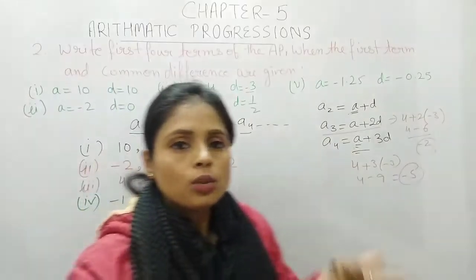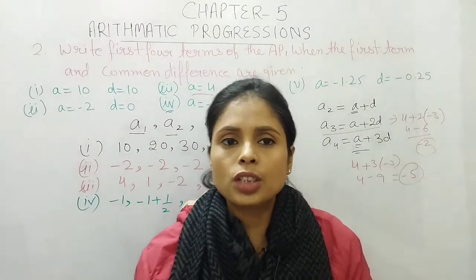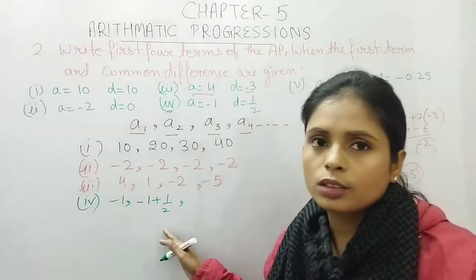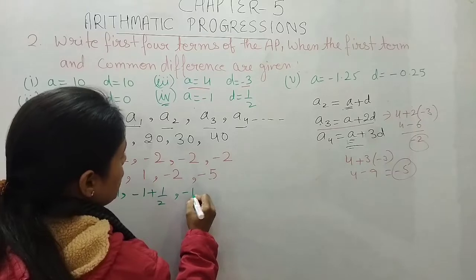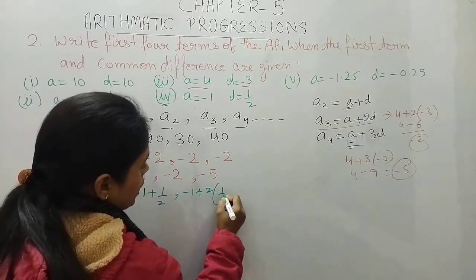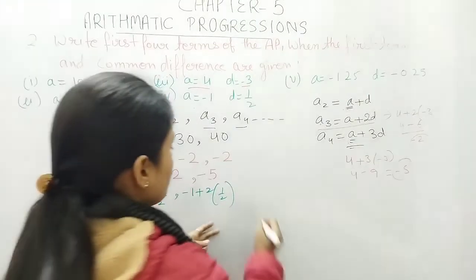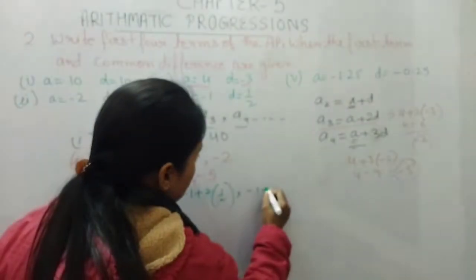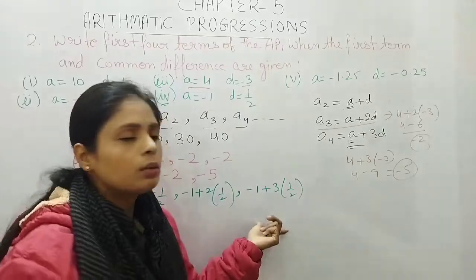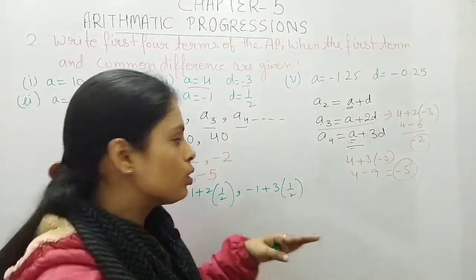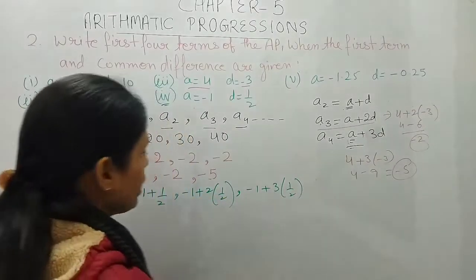Either you can do the solution separately and just substitute the value here. Okay. Now let's do A3. So A is minus 1 plus 2 into D. Okay. For the fourth term, A plus 3D.